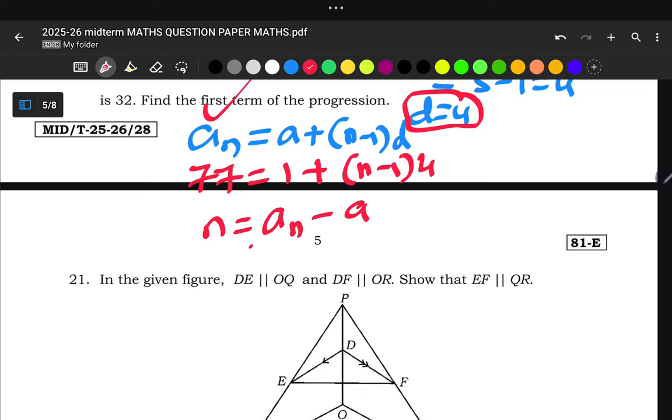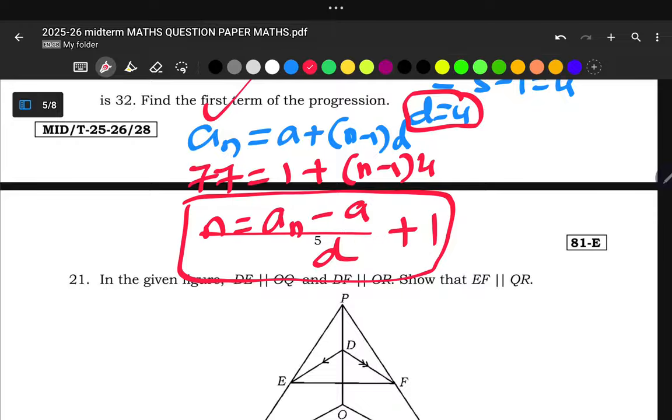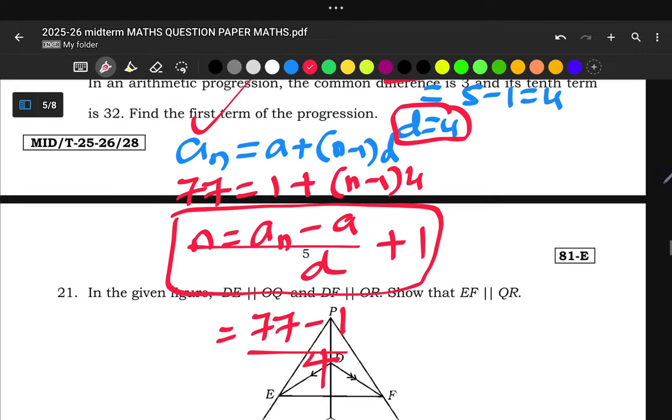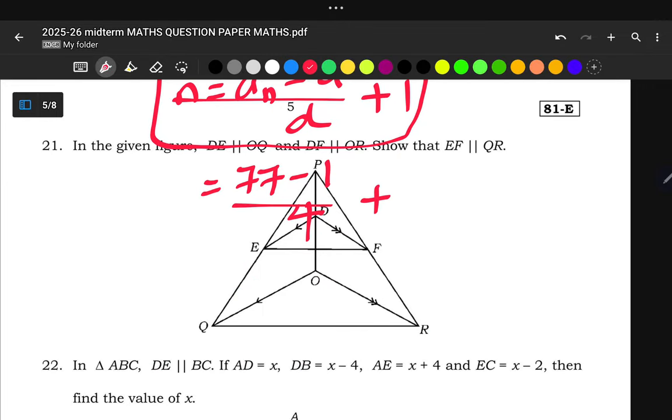An minus A divided by D, plus 1. To find out the n value, just use this formula. What is the An value here? An is 77 minus A is 1 divided by D value is 4. Yes or no? D is 4, A is 1, An is 77, and last is plus 1.